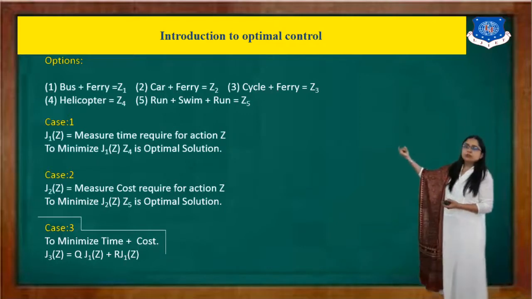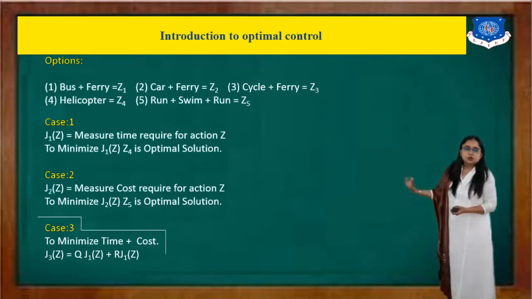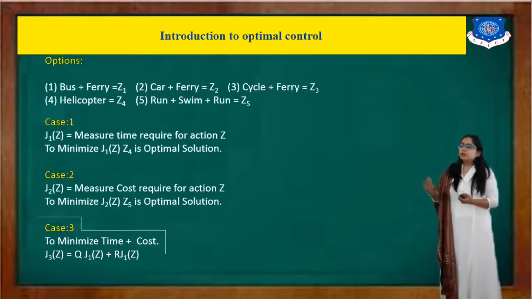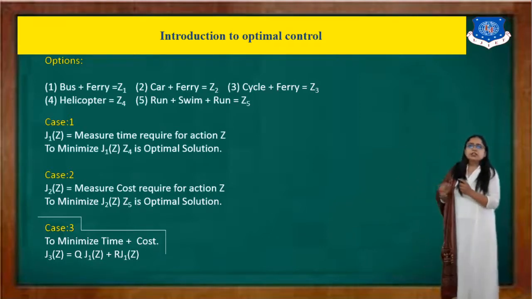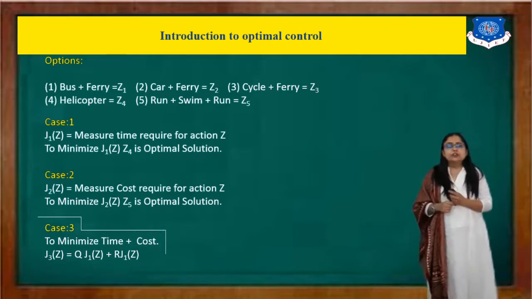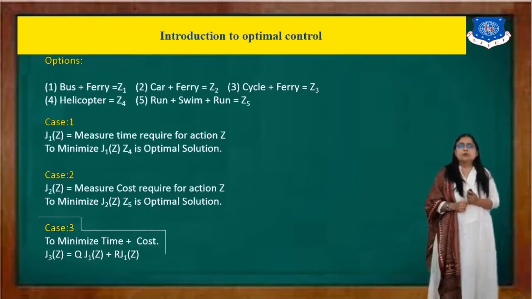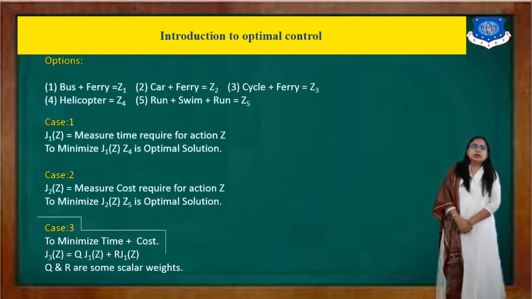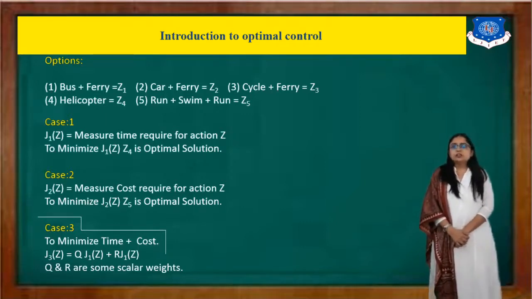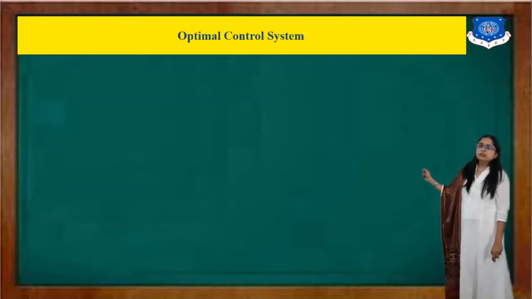Someone says I want to give more importance to time rather than cost. Someone says no, my cost is very important but time is less important. So based on that, you can set the values of Q and R to find the optimal solution. So Q and R are scalar weights. I hope this example is clear.